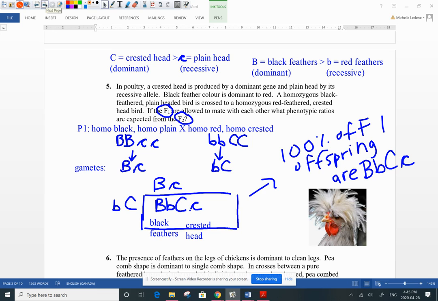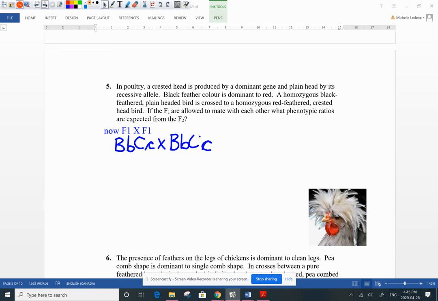Any bets on it'll be a 9 to 3 to 3 to 1? I think that's a pretty safe bet, right? We've got a heterozygous times a heterozygous. So you are correct in saying that when you FOIL the gametes out, you're going to get all 4 different gametes. And then you end up with a 4-by-4 Punnett square.